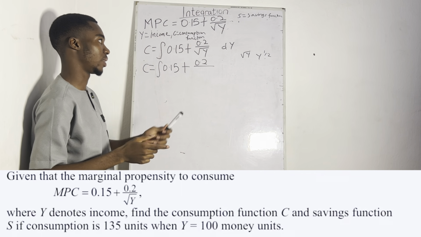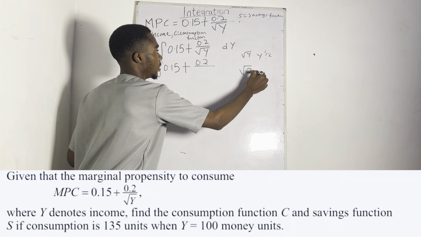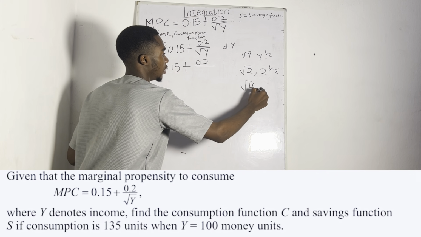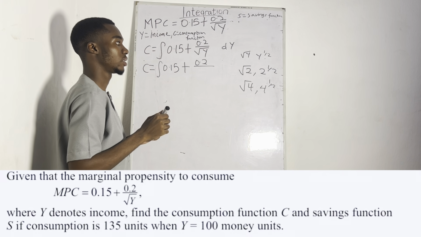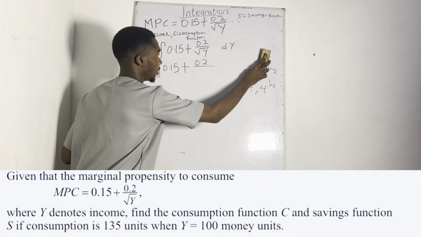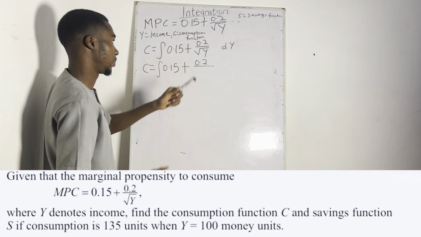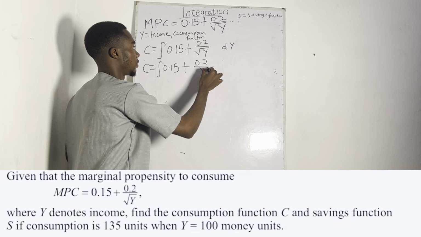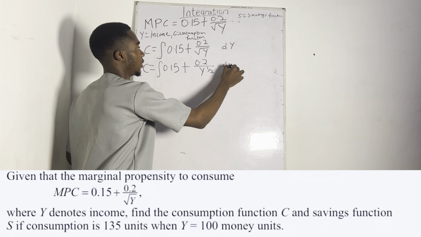Just like root 2 is the same as 2 exponent half, and root 4 is the same as 4 exponent half. Anything under a root is the same as whatever is in the root exponent half. This is a general mathematics rule. Then you have your dy.